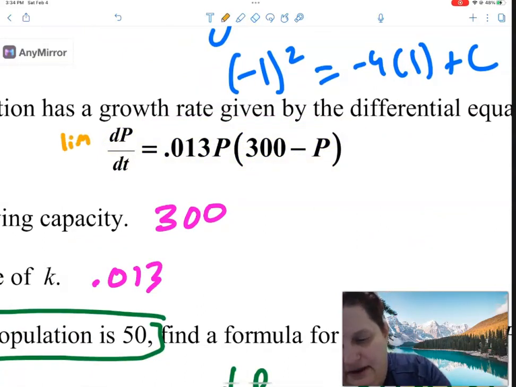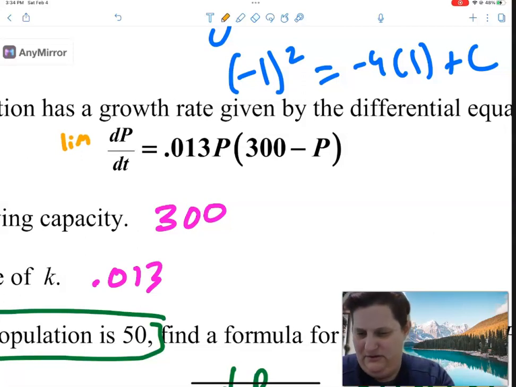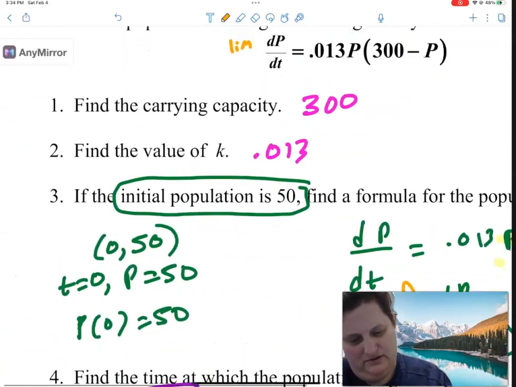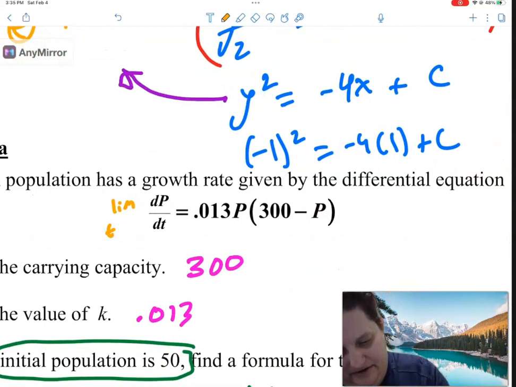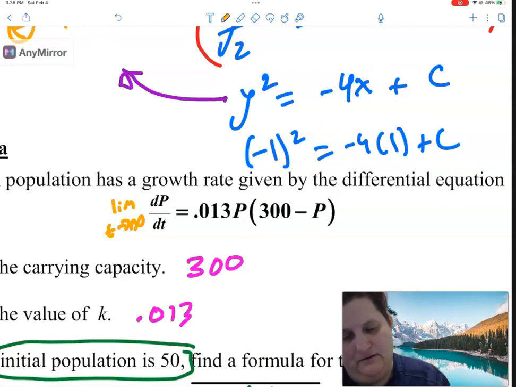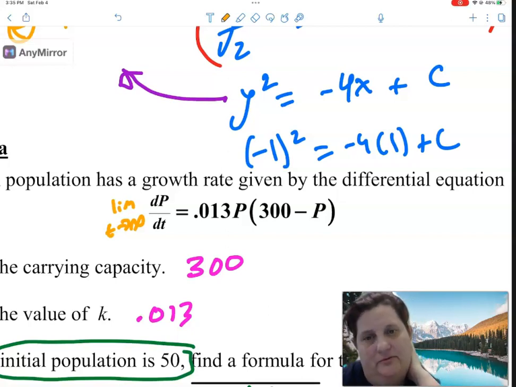So the limit as, hold on. What does it say? The limit as time approaches infinity. Okay. What's going to happen to this population as time approaches infinity? Let's think about that for a minute.